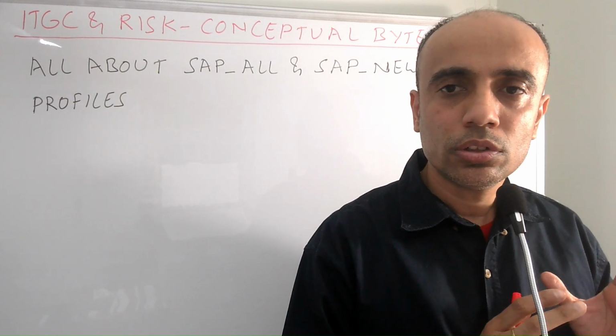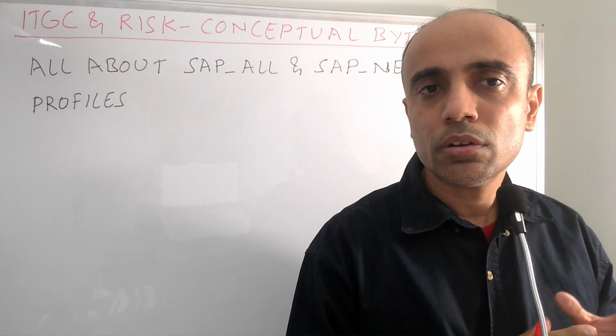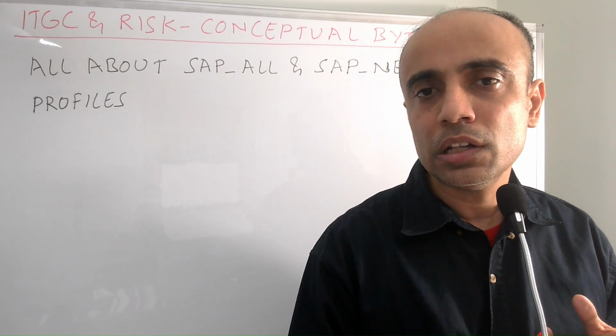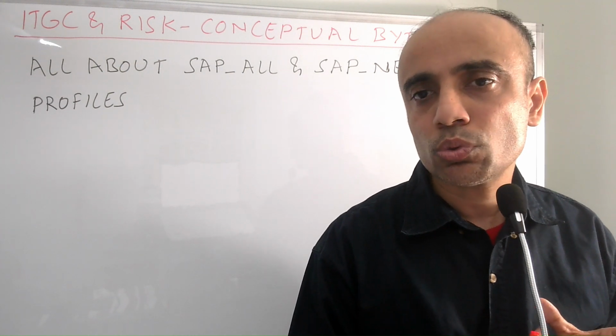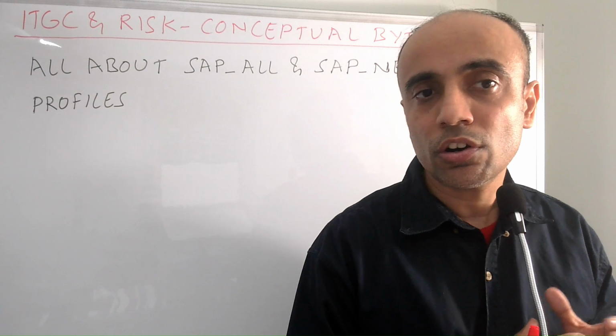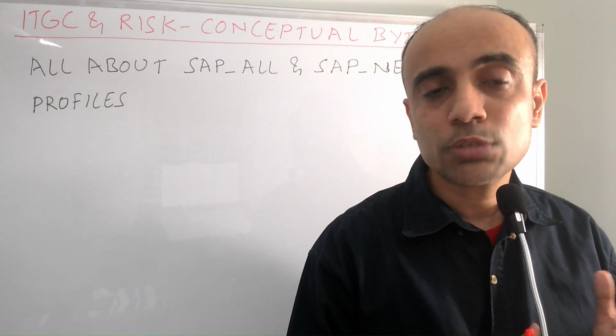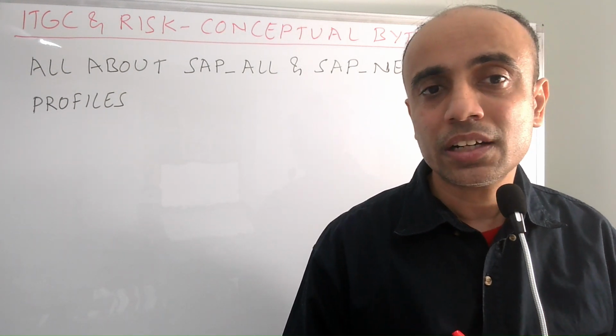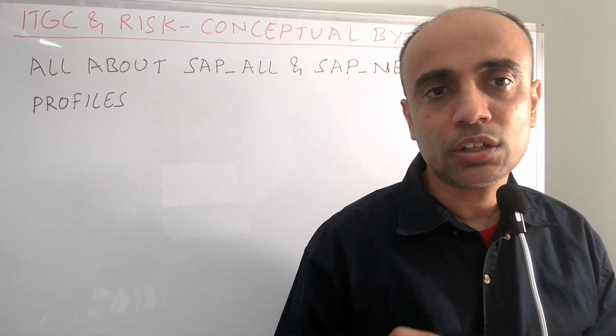So you now know from step 1 which users or roles have these profiles. Next step is to understand when SAP_all or SAP_new was assigned or removed, because these profiles should not be assigned long term, and that's the intent of this step.